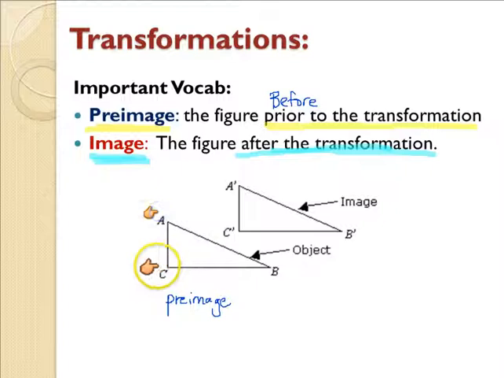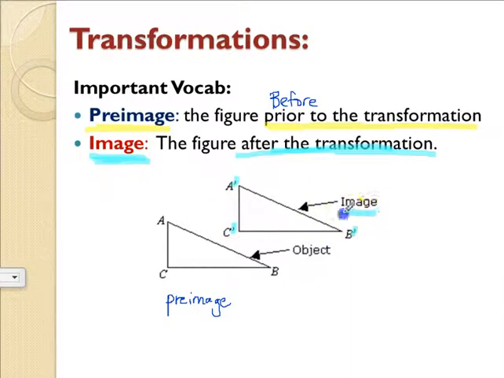Look at the points. We would call this triangle A, B, C, but look at the points. They're just normally written, right? Nothing special about them, just the normal letters. Then look at the image. So here's our image, and look at what we have. We've got these little ticks. We call them primes. We've got primes, which is an apostrophe, next to the points.